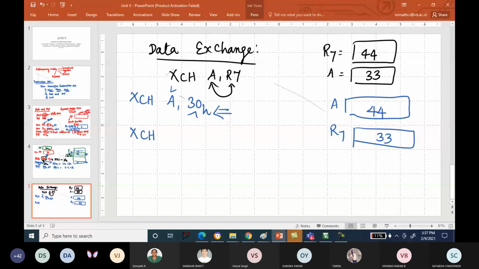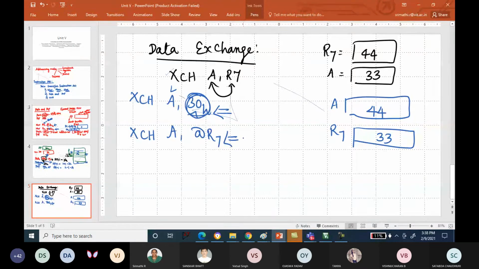Okay. Now you tell me, A comma @R7. What type of addressing mode is this? Whenever you are using a pointer, that is indirect addressing mode. Okay, this is indirect addressing mode.